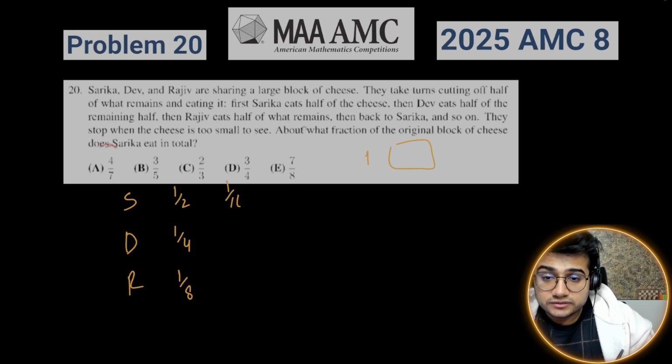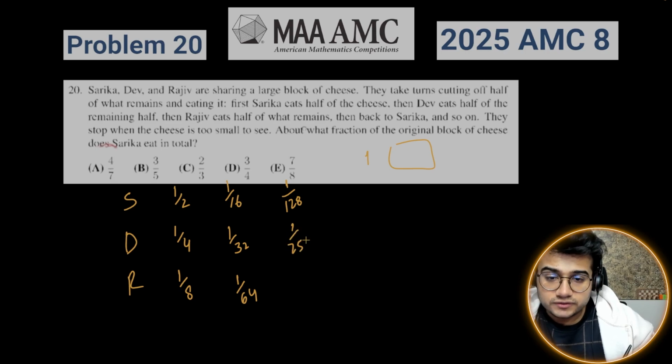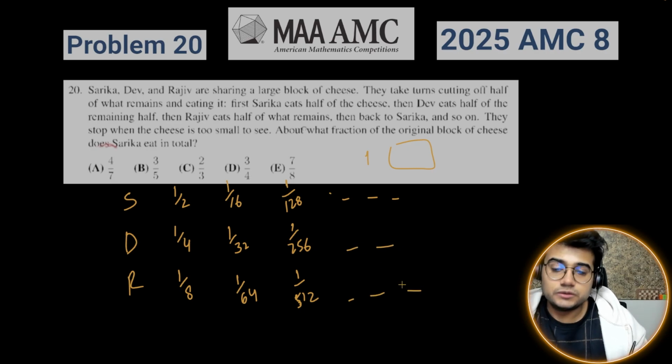Half of that will be 1/16, then 1/32, and then we will have 1/64, then 1/128, then 1/256. Again, this is just increasing in powers of 2's, right? And then we will have 1/512, and it keeps going till the fractions become too small.